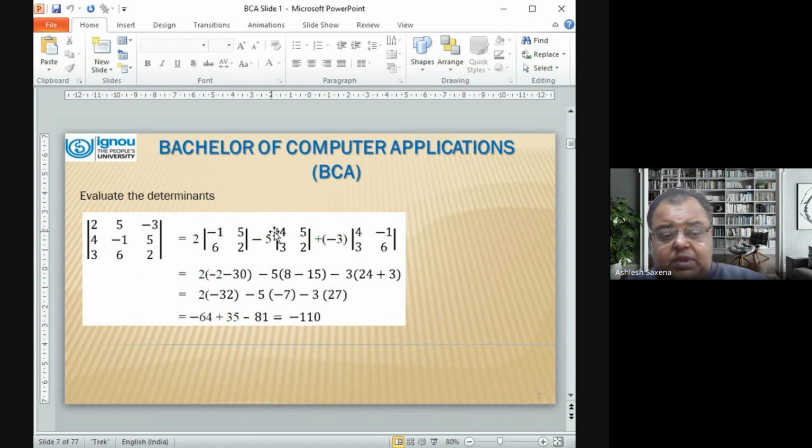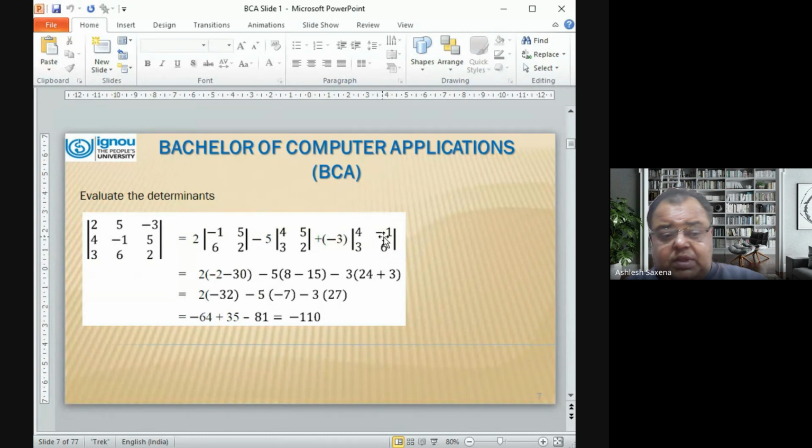Close the bracket. Minus 5, diagonal multiplication: 4 into 2 is 8, minus 3 into 5 is 15. Bracket close. This plus into minus is minus 3. Bracket: 4 into 6 is 24.